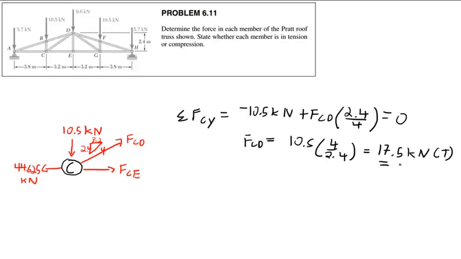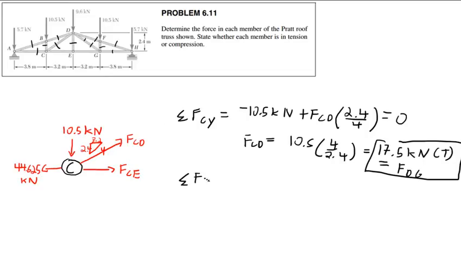And this is also equal to FDG. So that's another answer here. So that gives us this one, and previously we got all of these others, and all that's left is FCE.